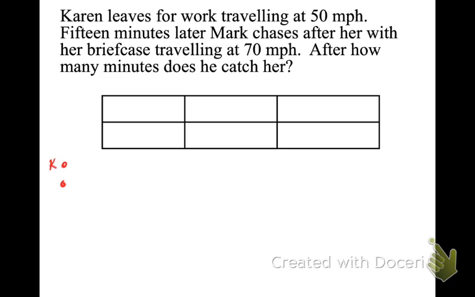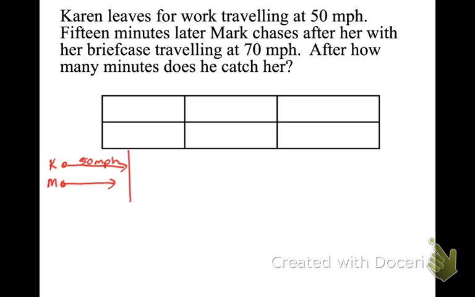Okay, let's call this Karen and this Mark. She's traveling 50. I'm just adding little pieces of information. And then Mark, he's traveling. Okay, what do we know about this scenario?